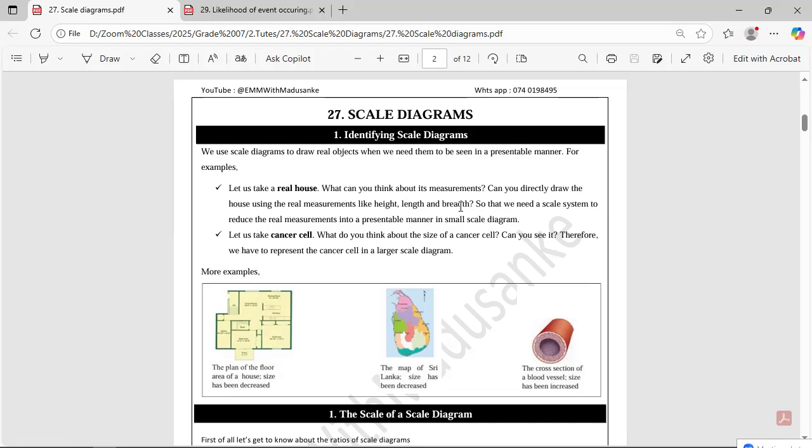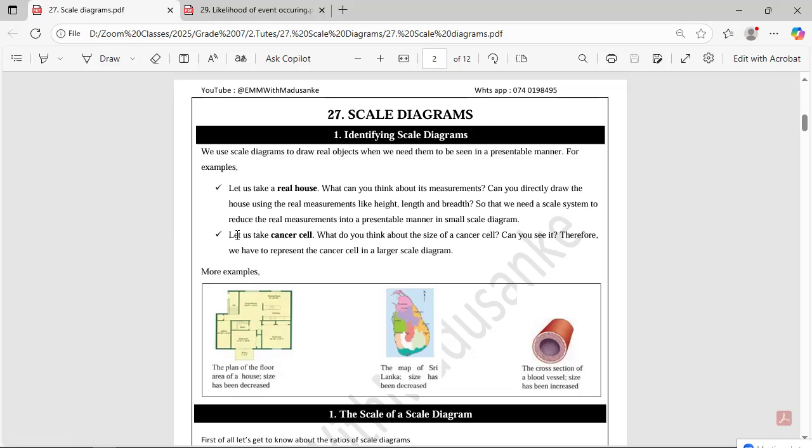So we need a scale system to reduce the real measurements into a presentable manner. We need to reduce the real lengths into a small scale. Big length needs to be converted into small length, right?